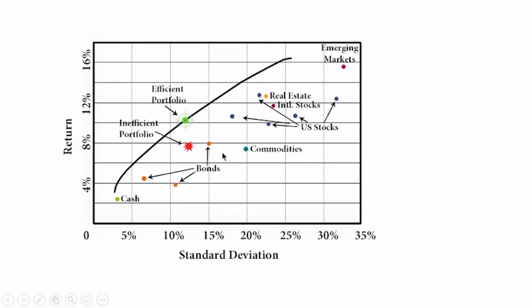If you're investing in a portfolio, you see here that the different categories of investments, for example bonds, will fall within a certain range of standard deviation and a certain range of return. And here you have US stocks, which fall in a higher standard deviation range and a higher return.